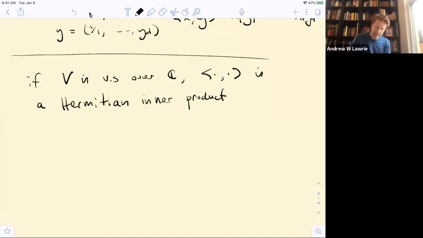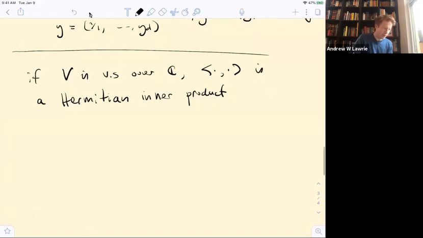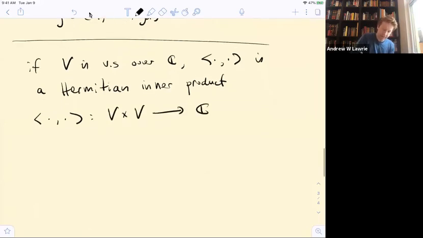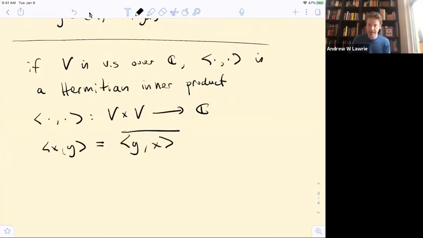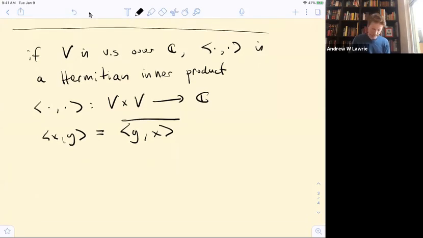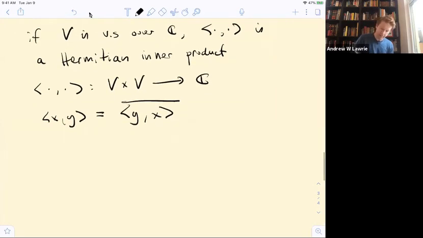We say it is a Hermitian inner product if you have the following. It's a mapping as before, V cross V, this time to the complex numbers, such that the inner product of x with y is equal to the complex conjugate of the inner product of y with x. So it's not symmetric, but it's symmetric for conjugation.